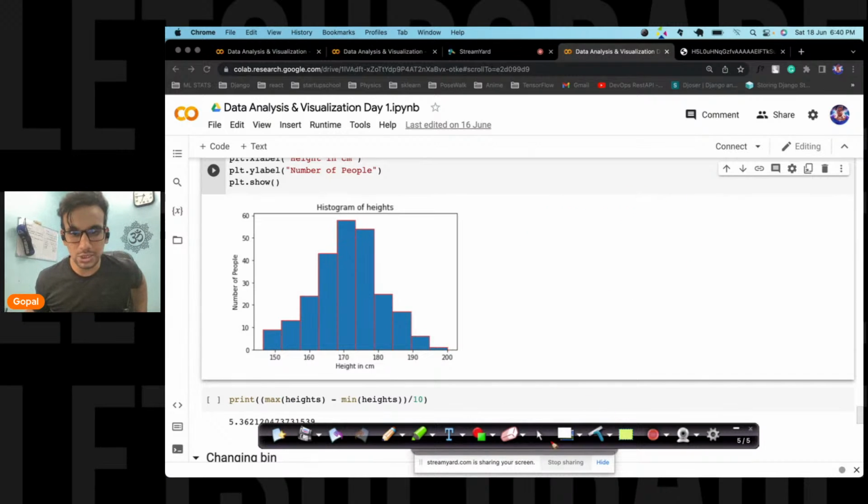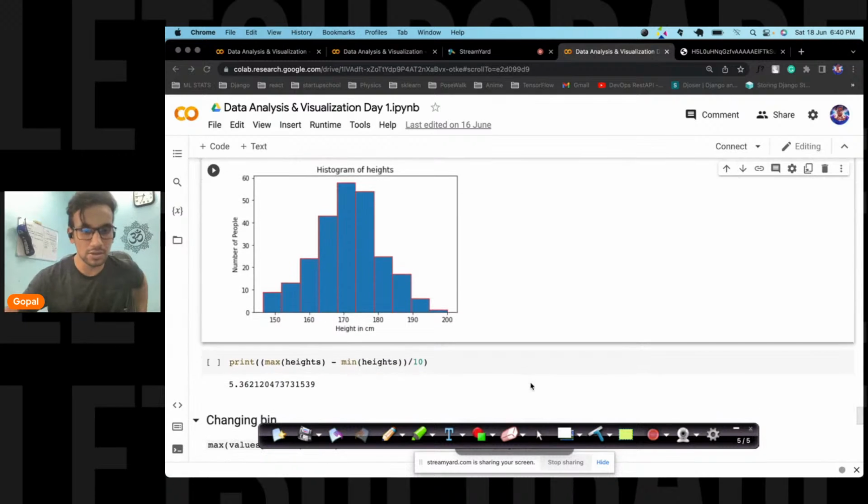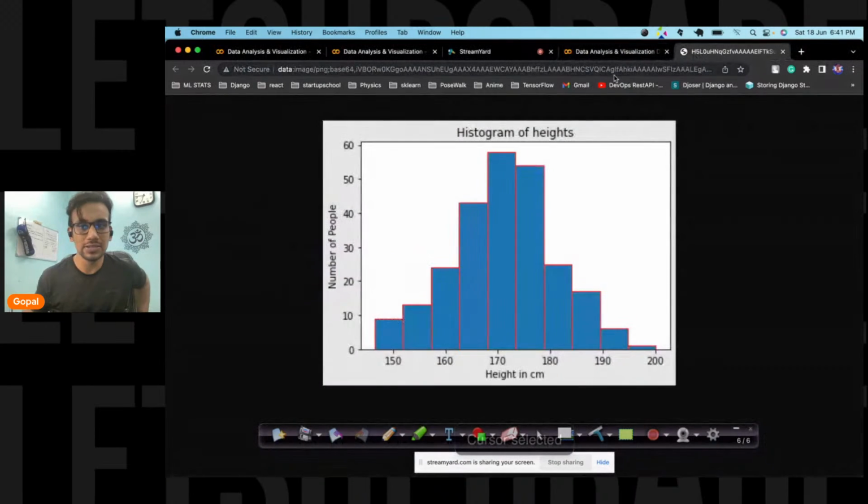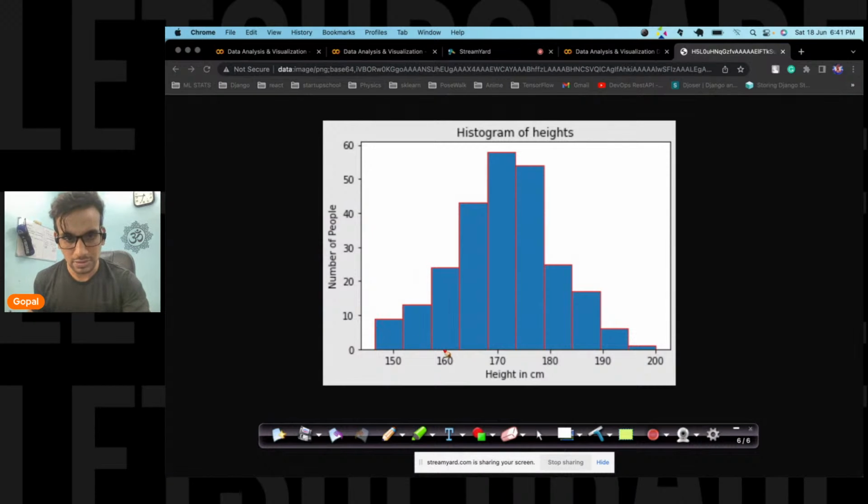So if I go with this one, we have got here 5.3. Let's approximate this value to 5. When I do that, let's closely observe this graph here. Let's only talk about this one. How many data points can you actually see from here?